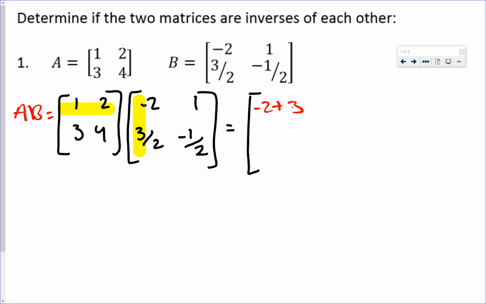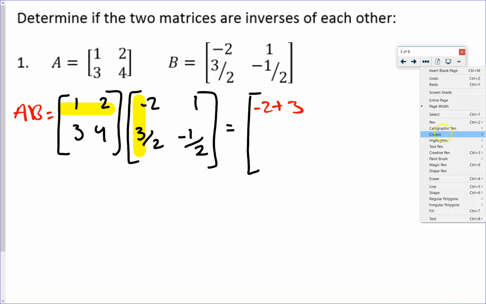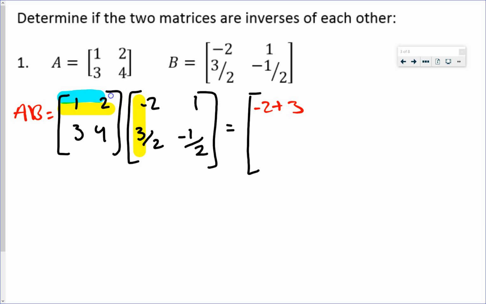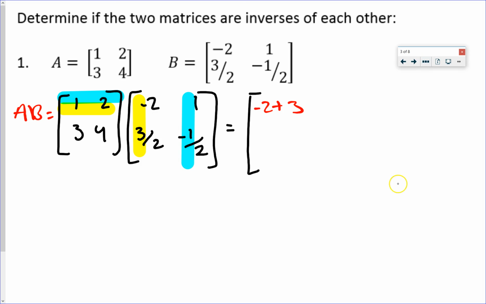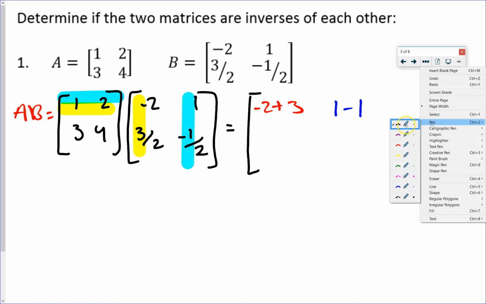What's 2 times 3? 6. 6 divided by 2? 3. There you go. All right, so then we do it again. But now we're going to go across. So we have my first row, but now we're going to do second column. All right, so what's 1 times 1? 1. 2 times -1/2? -1. Yep, good.